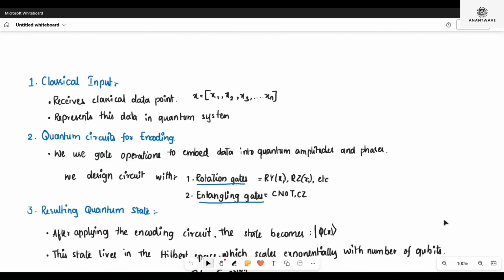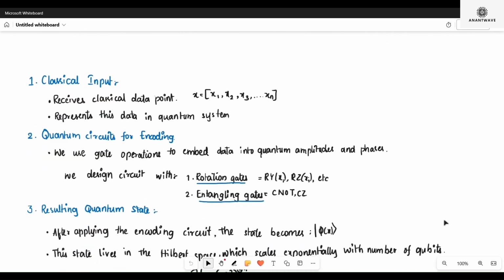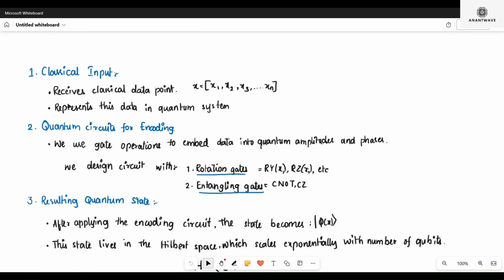Now let's see the steps. First, classical input. We receive classical data points x, let's say x. First, we need to represent this data in a quantum system, and then use quantum circuits for encoding. We use gate operations to embed data into quantum amplitude or phases.